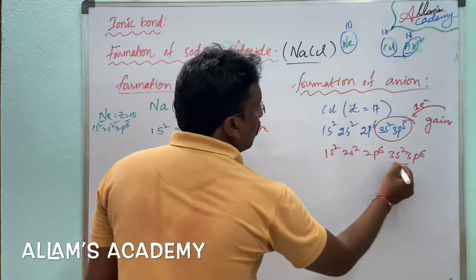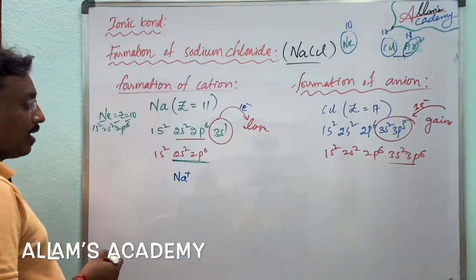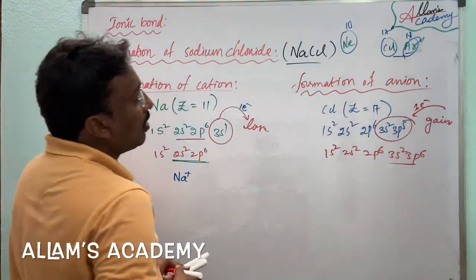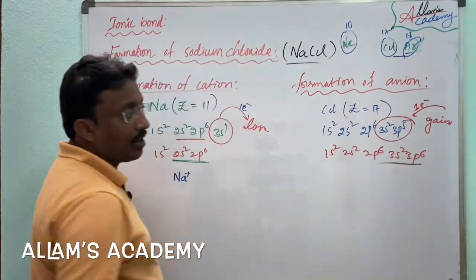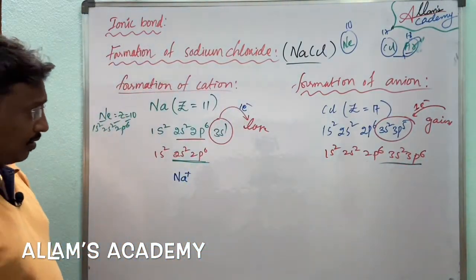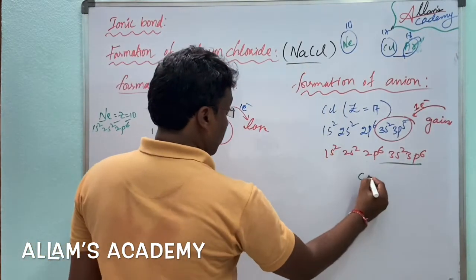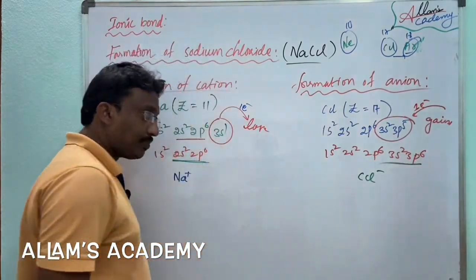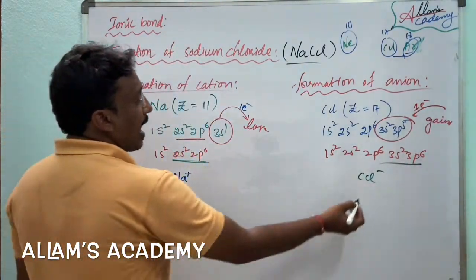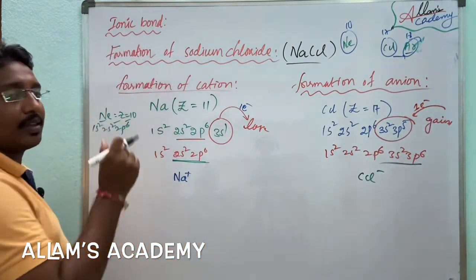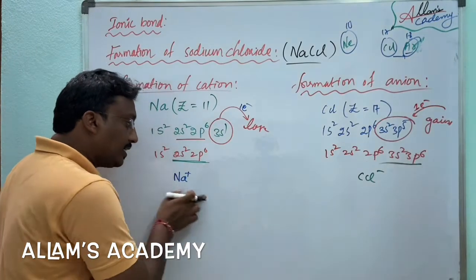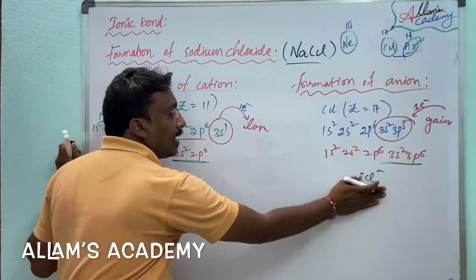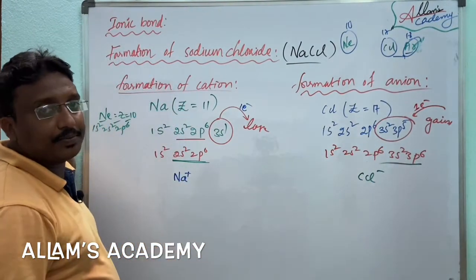See, its outermost shell gets a stable electronic configuration, right? Then it becomes Cl minus, an anion. Here, by losing it gets a cation, by gaining it gets an anion.